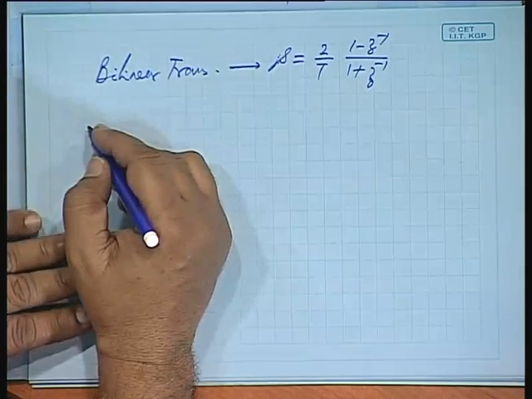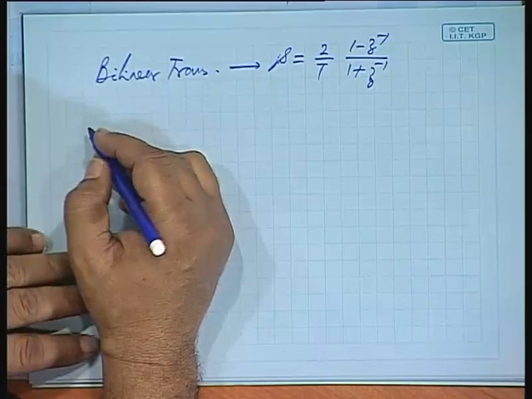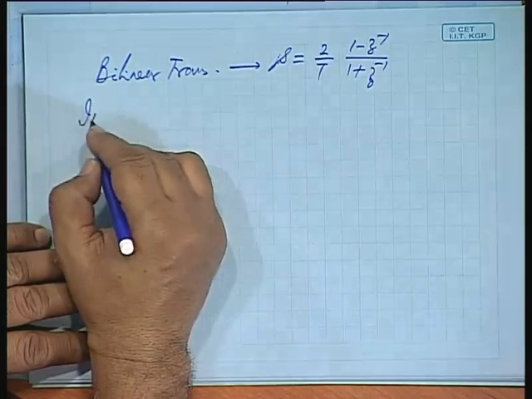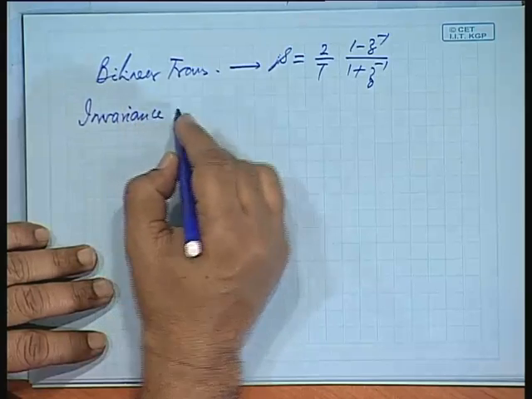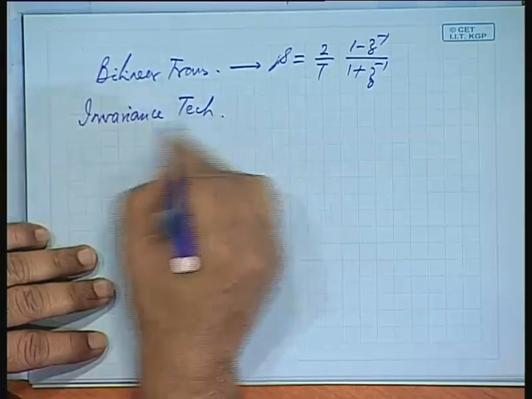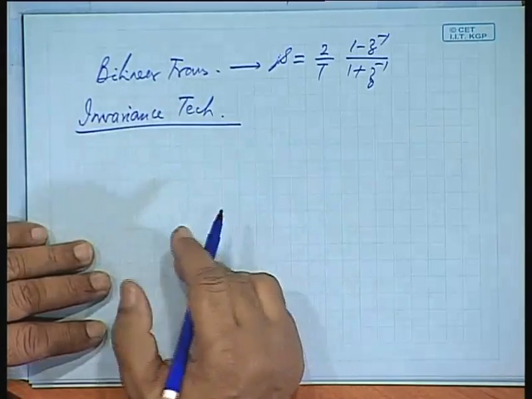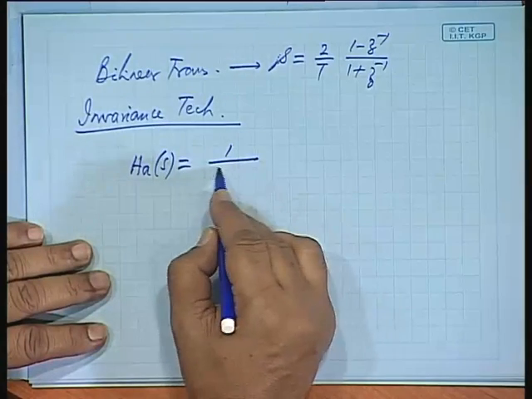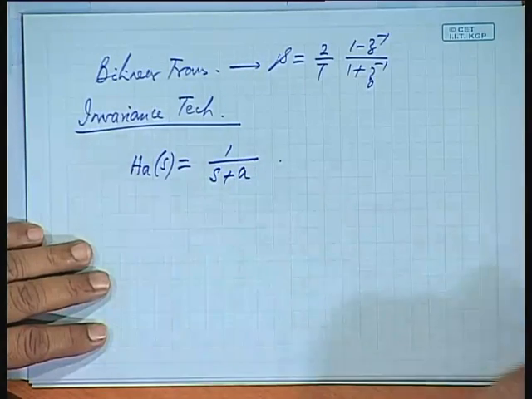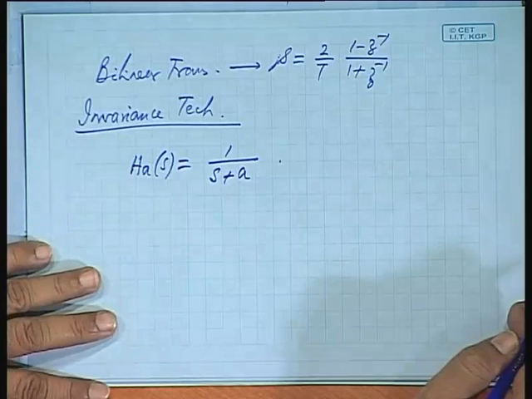Now, let us discuss another simple method, that is the invariance technique. Invariance technique is a totally different approach. You have the analog filter function, say I will take a simple function, a first order filter 1 by (s plus a).